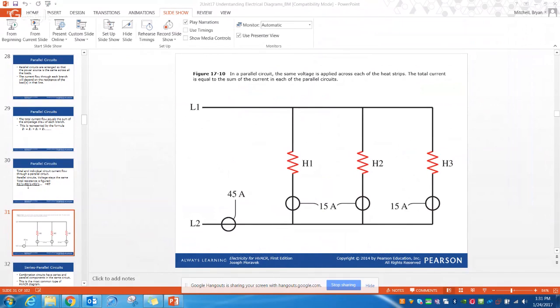Booyah. Ohm's law calculator. I'm going to pull this down. There you go. Sweet. So I think we're going to want to find some resistance, right?